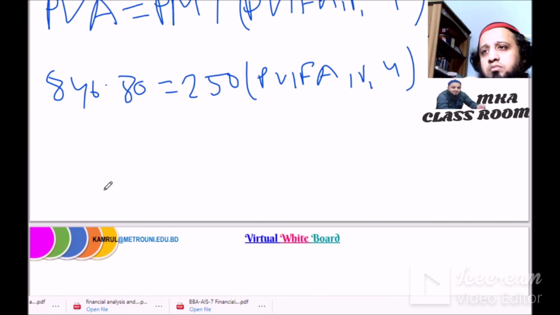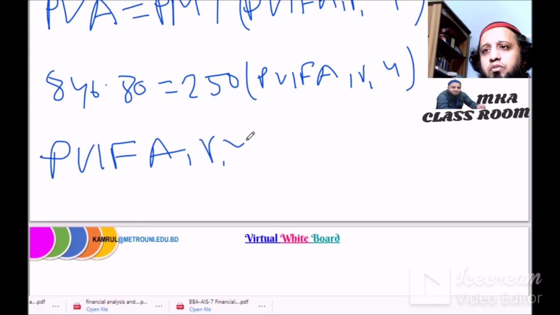So if we solve this problem, PVIFA r, 4 equal to 846.80 divided by 250.